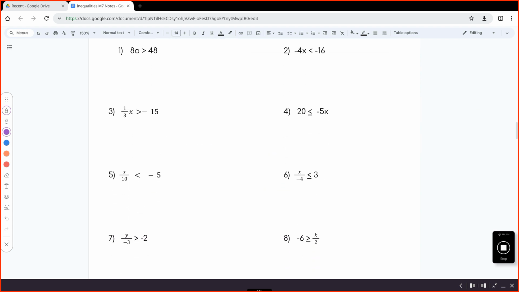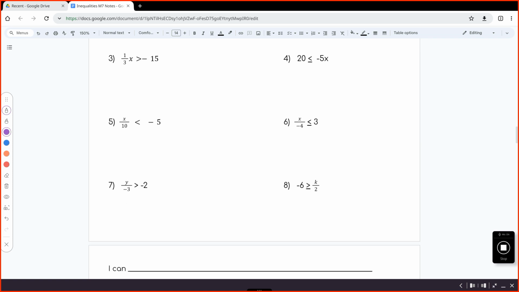1/3 x is greater than negative 15. If you recall what I said earlier about fractions next to the variable, the inverse of multiplying the variable by a fraction is to multiply by its reciprocal. So the opposite of taking 1/3 x would be to triple it, or multiply by 3 over 1.